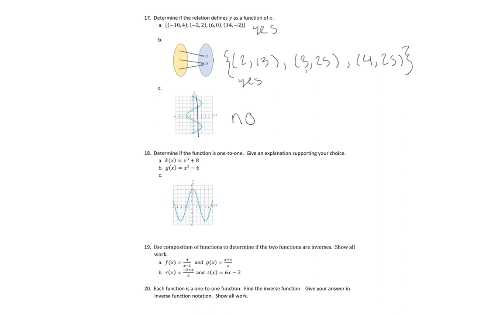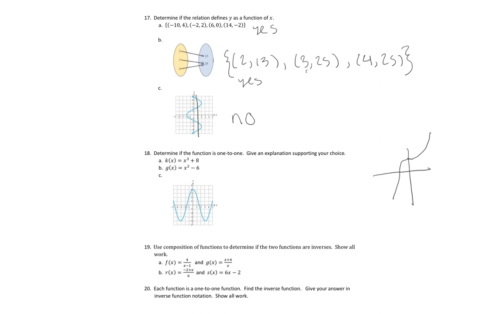Okay, so for number 18, it says determine if the function is one-to-one, give an explanation supporting your choice. We're given the first one, k of x equals x cubed plus 8. If I were to graph that out, it's kind of a cubic, like that, right?